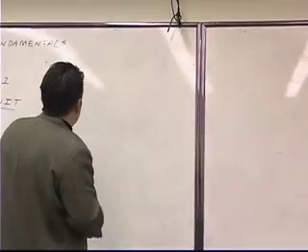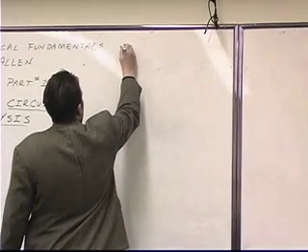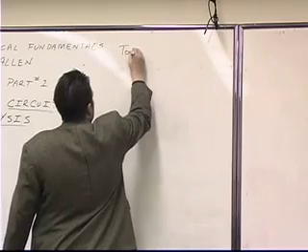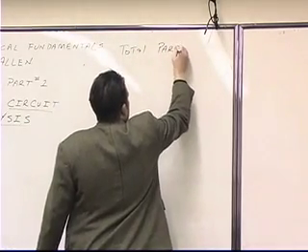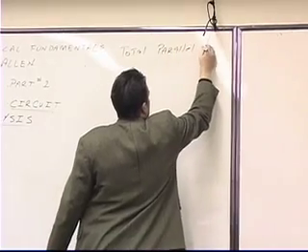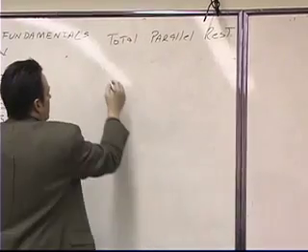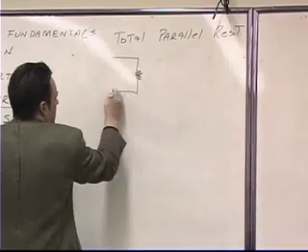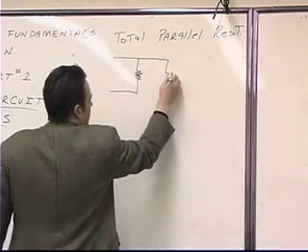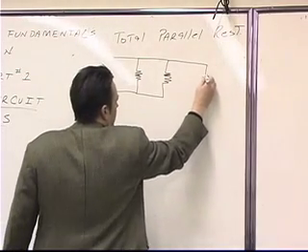What we'll do to start out with is talk about total parallel resistance. We've seen this before, but since we're going to be using it in our analysis tonight, I'll do a very quick review of it.